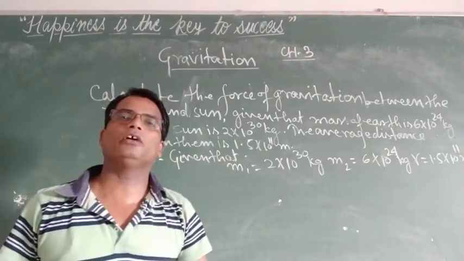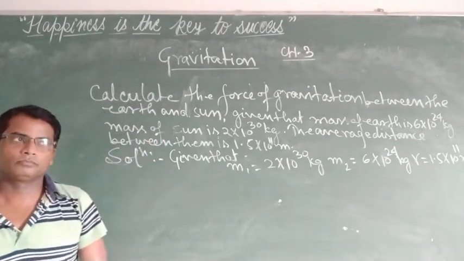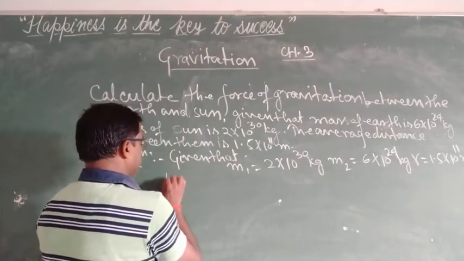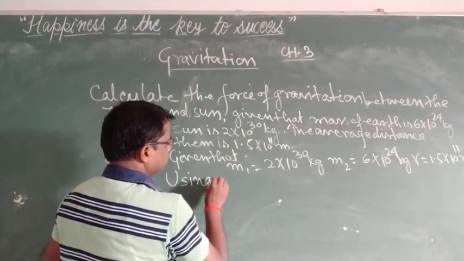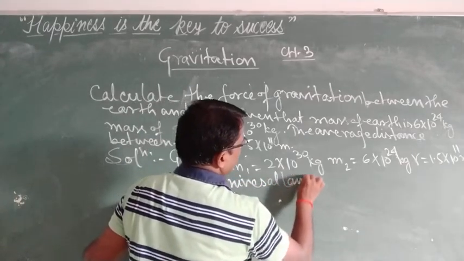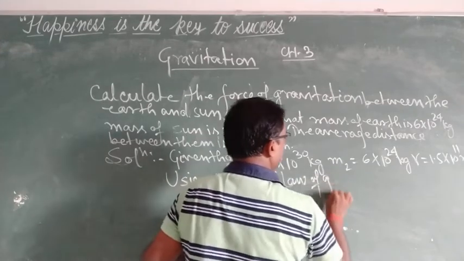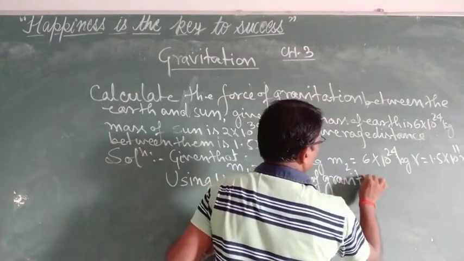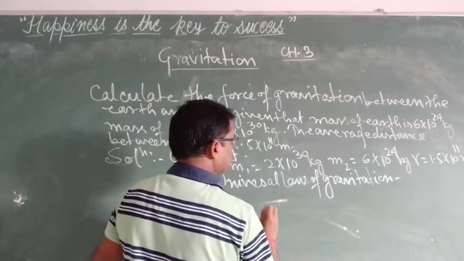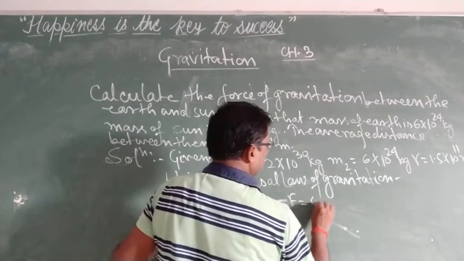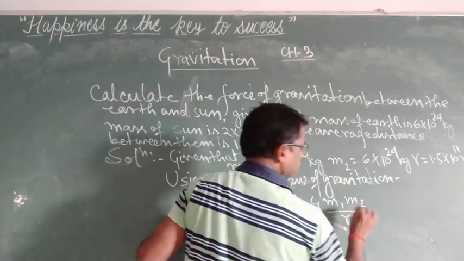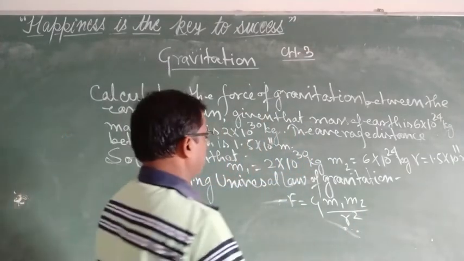And capital G value all of you know is 6.67 into 10 to the power minus 11. Using the universal law of gravitation, F is equal to capital G m1 m2 by r square.